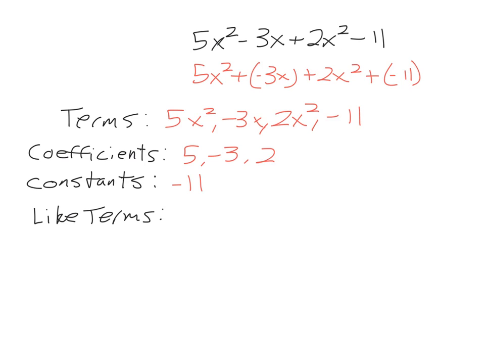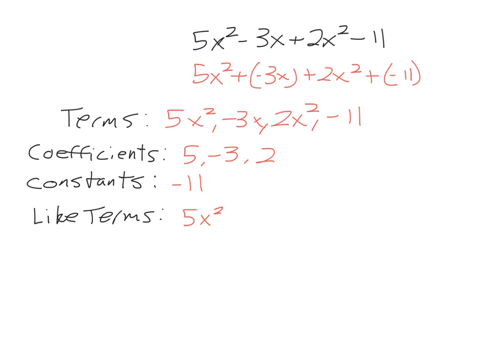Now, like terms in this situation is a little tricky. We have three terms that all have an x, but we only have two terms that have x squared. Remember, to be like terms, they have to be exactly alike in terms of what variables they have. 5x squared has two x's, right?